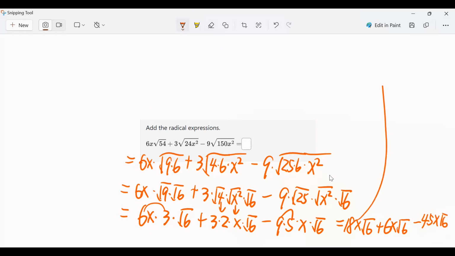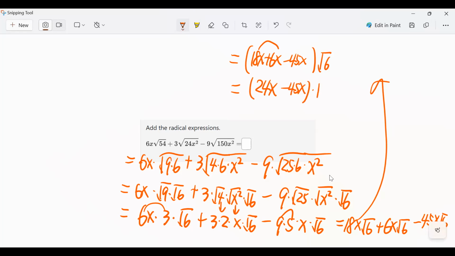Now from here, we just factor out radical 6, all the variables inside, combine them: 18x plus 6x minus 45x. 18x plus 6x is 24x, minus 45x, radical 6. 24 minus 45, that's minus 21x radical 6.